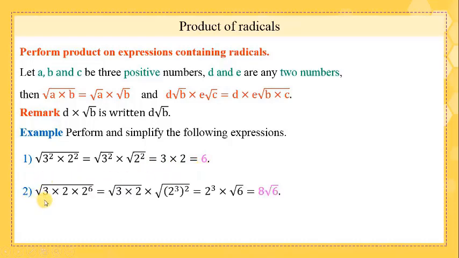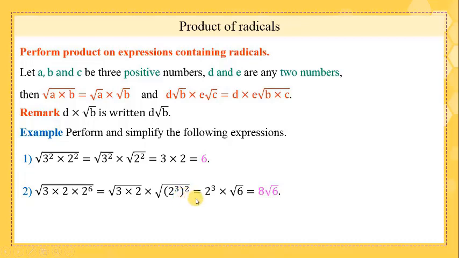2. Radical 3 times 2 times 2 to the power 6. This is equal to radical 3 times 2 alone, because we do not have powers on 3 and 2, and this means the power is only 1, times radical 2 to the power 6, which is written as 2 to the power 3, all of it to the power 2.